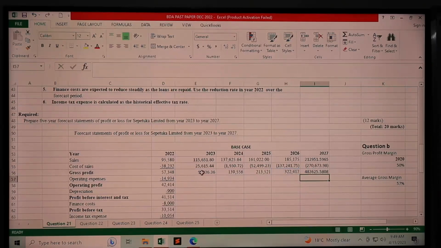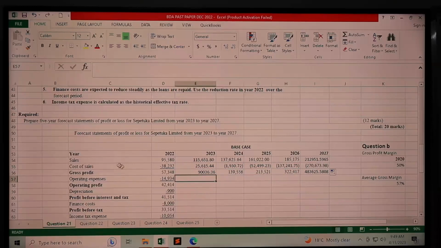With that, you can compute the cost of sales. Here the formula is very easy. You just take the cost of sales, and then copy that formula across the screen to get the other values. Then you proceed to operating expenses.